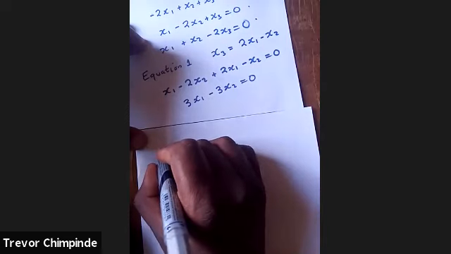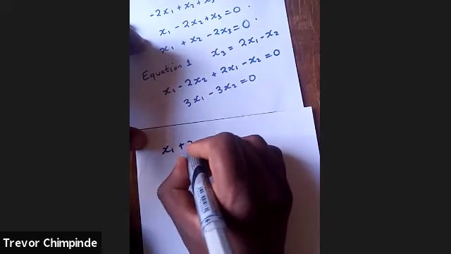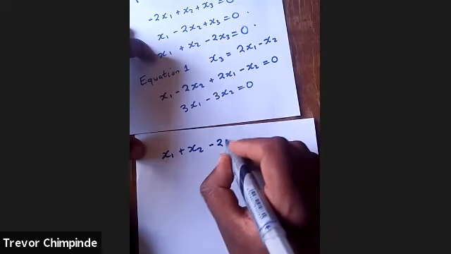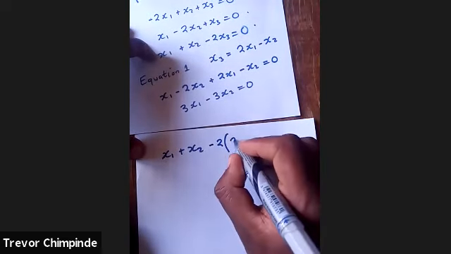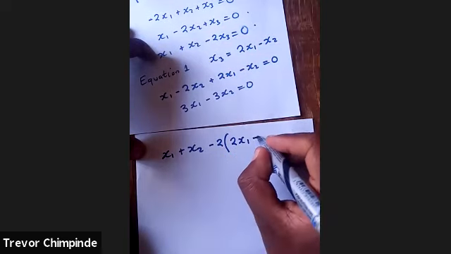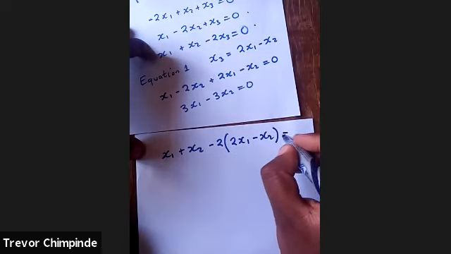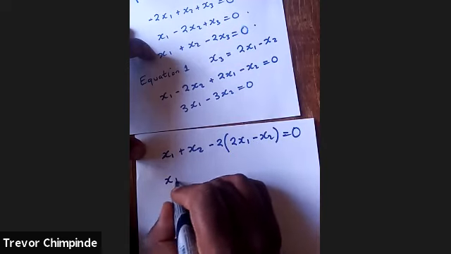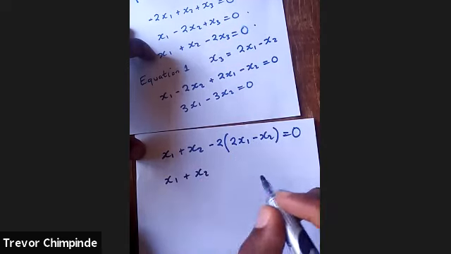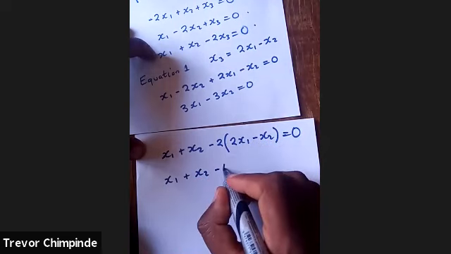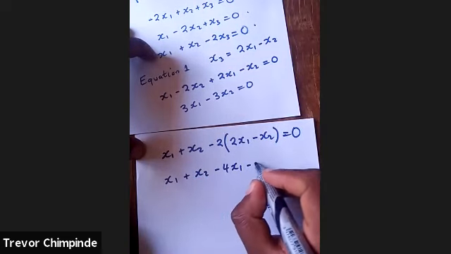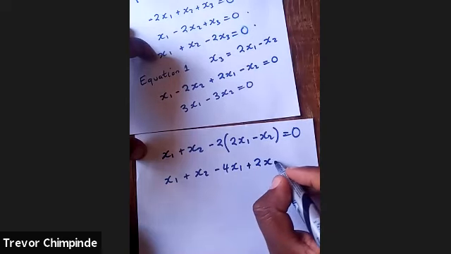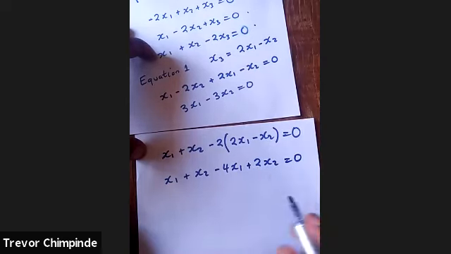So I'll have x1 plus x2, then minus 2 times (2x1 minus x2) is equal to 0. So this is x1 plus x2, then minus 4x1 plus 2x2 is equal to 0.